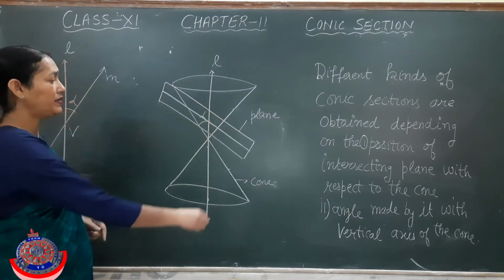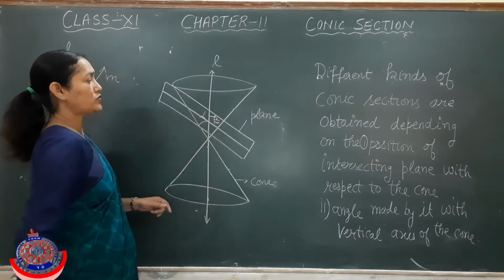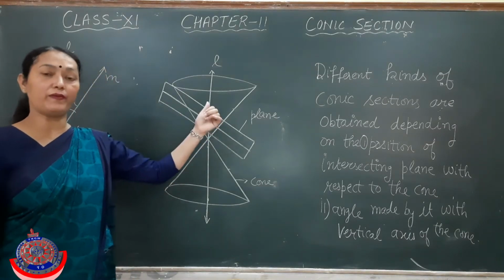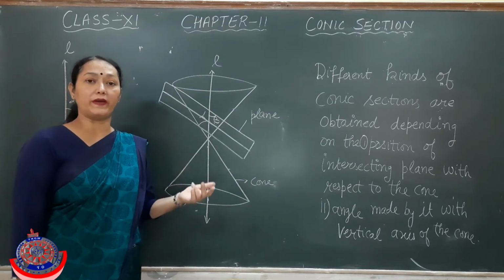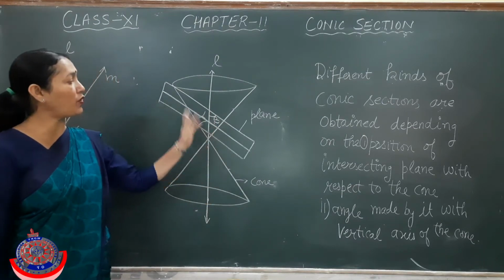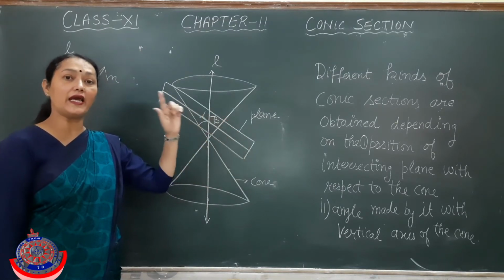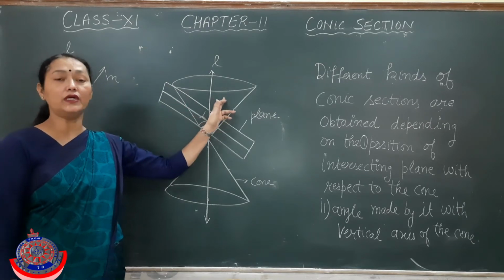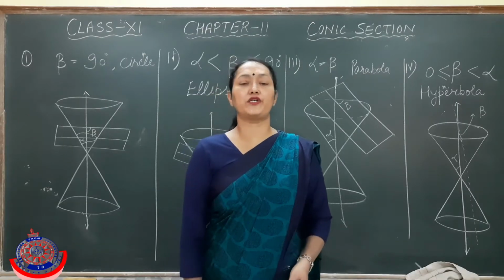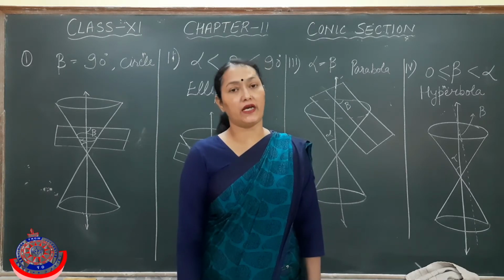Let this angle be beta. So whether we will be getting circle, hyperbola, ellipse or parabola, it all depends upon position of the intersecting plane as well as angle formed by this intersecting plane as compared to the cone.